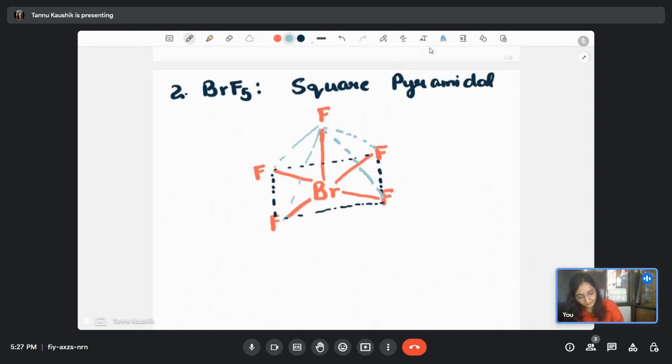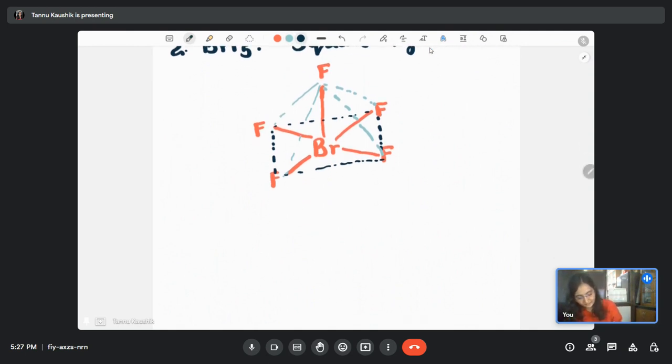Okay. So here, firstly, we will check for the proper axis of rotation.